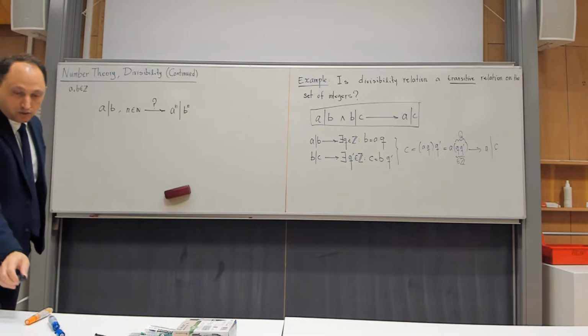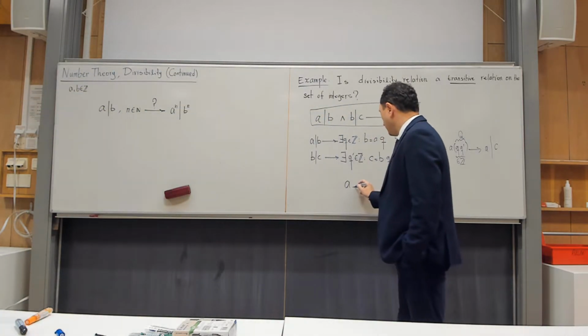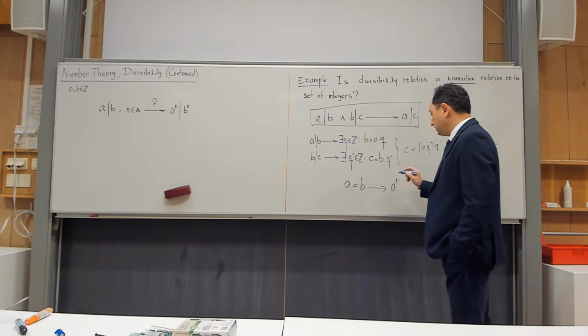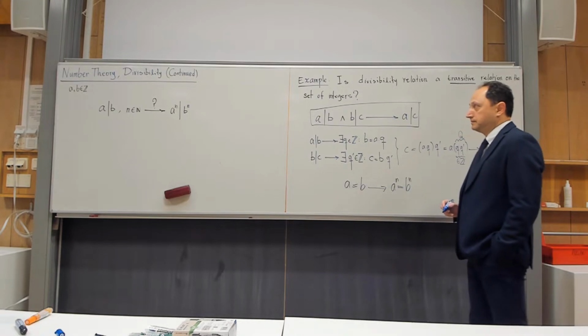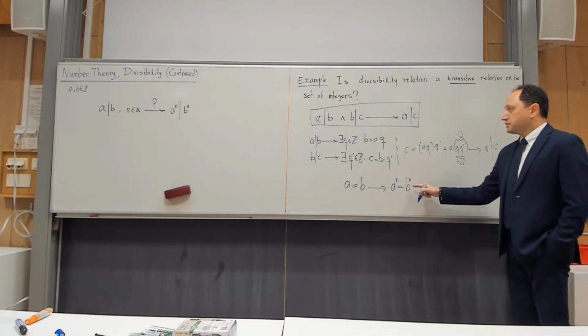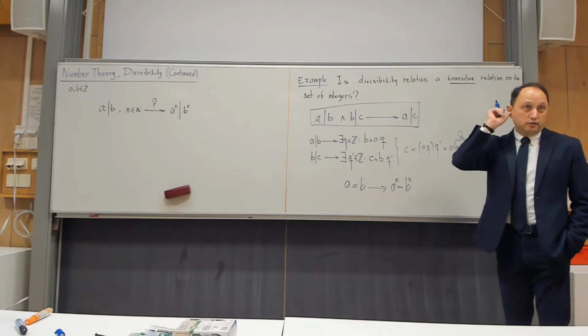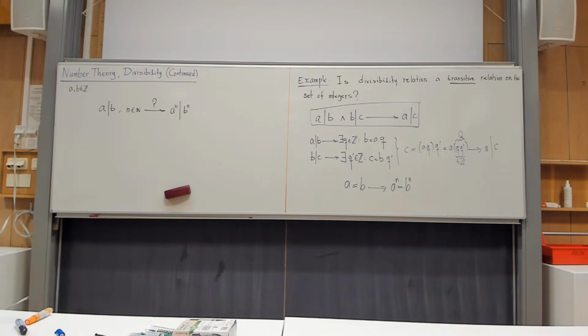So this is also another relation that you might think about. In equality, if I know that two numbers are equal, definitely I can conclude that A to the n and B to the n are also equal. So because of this property, I might be interested to answer the same sort of question for this new relation. Do you think this is true or false?